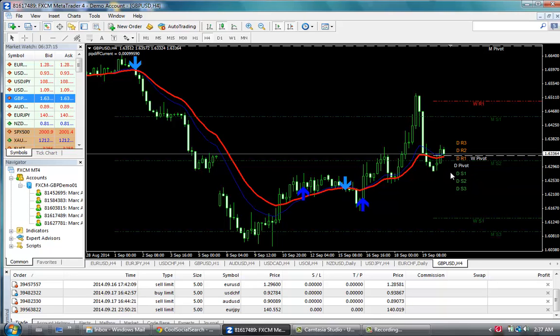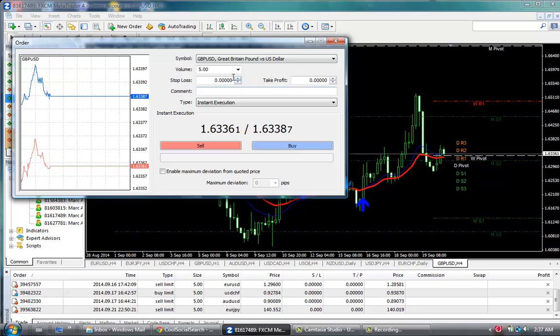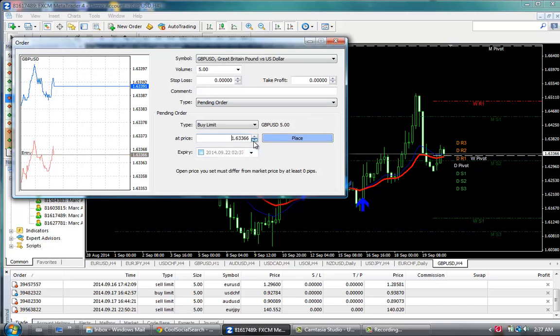What about to buy? What if I think price is going to continue up, but I'm not sure that I want to take a market order? Well, then I do the same thing. Remember, for a buy limit, price has to be below the market because it's a buy. I click on that. I have roughly 1-to-1 leverage. I can use more, but I have other orders floating around right now, so I don't want to. So I push the arrow down and it drops price.